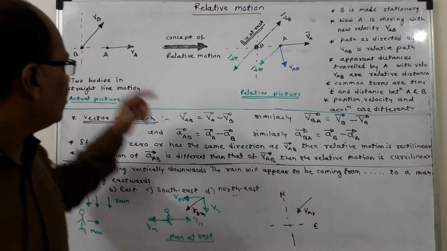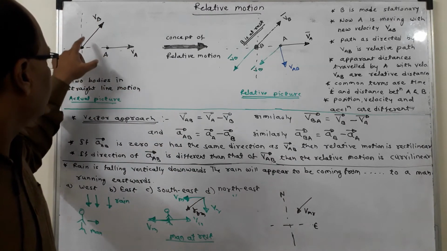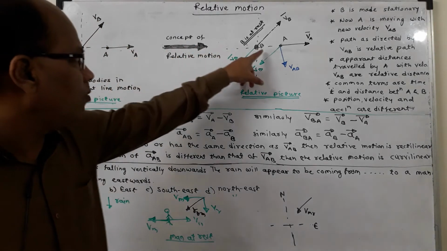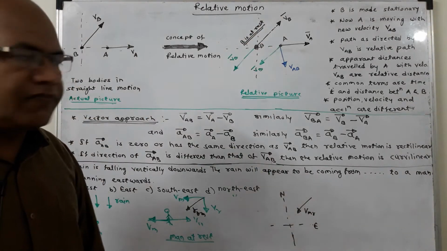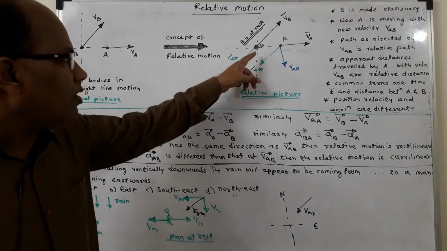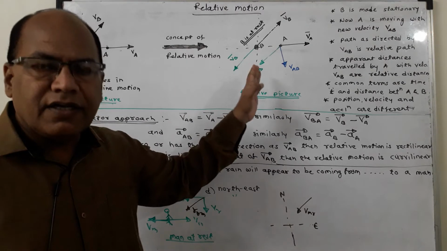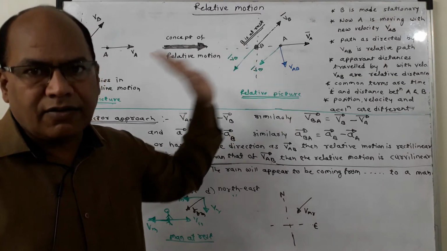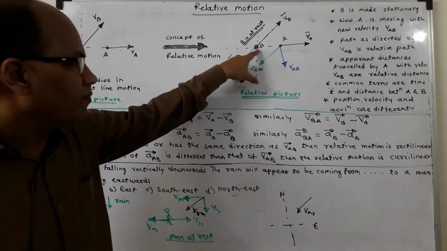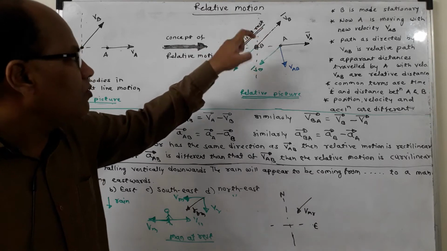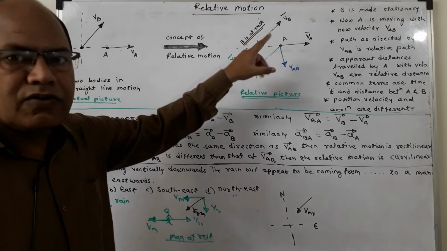Here I am considering the body B as the observer body, which means the observer is sitting in that body. So the observer is in B, and I will have to bring this observer body to rest.